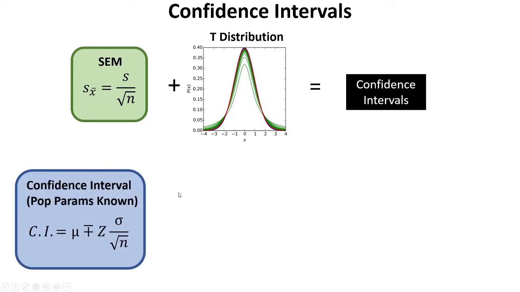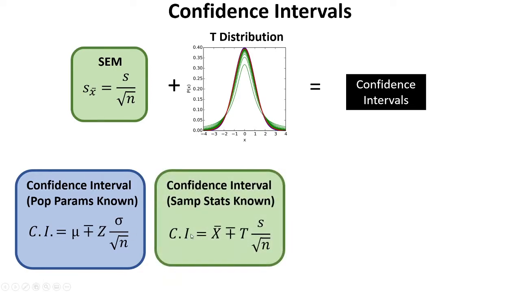We also learned that when you have population parameters, your confidence interval can be calculated using the z-distribution. So if you know the true mean and you know the true variance, then using the z-distribution, you can get the likelihood where, given a sample size n, the sample means might fall, right?